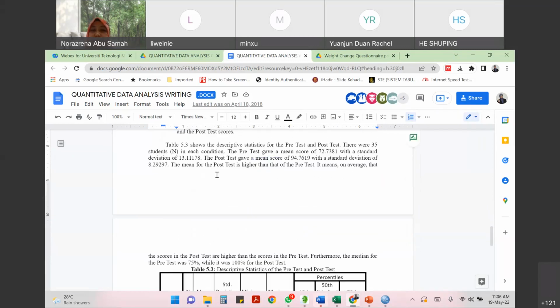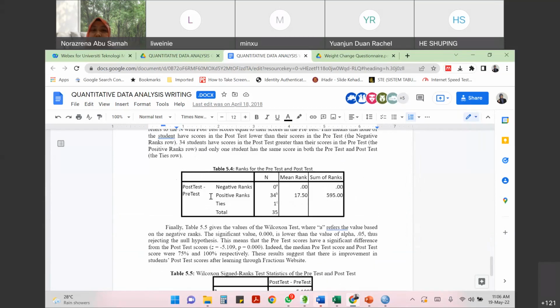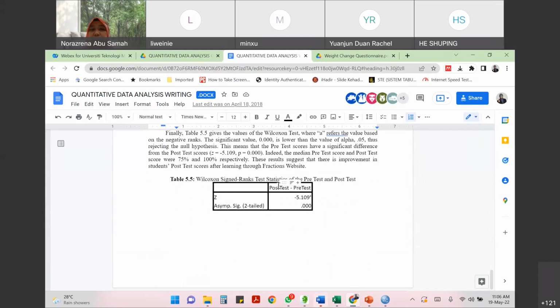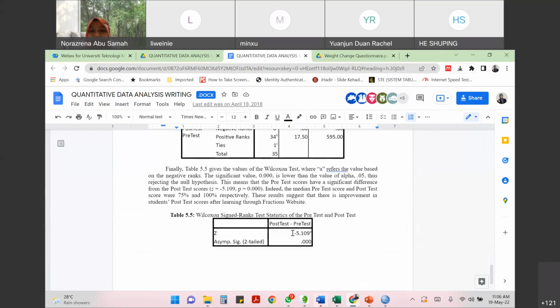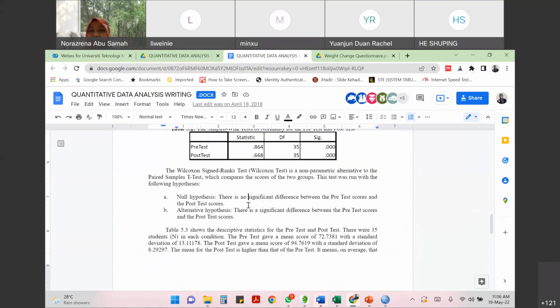So you will get this table, and then you explain. Same goes here. To compare, you will see the asymptotic significance here, 0.000. So you compare with the hypothesis, same like above.